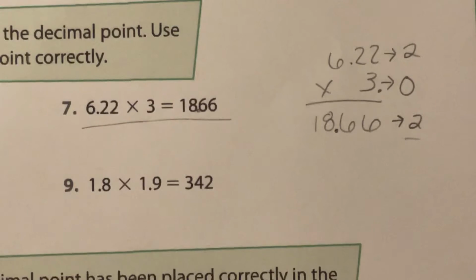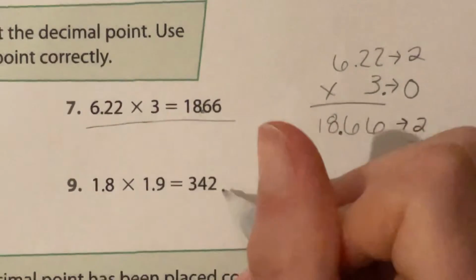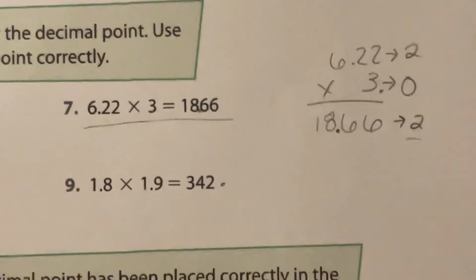Let's do another one together, okay? 1.8 times 1.9. They said equals 342. I want you to think, first of all, is this possibly correct? Could a decimal number times a decimal number get a whole number right here, where the decimal point would be after? No, that wouldn't be possible. Why not?